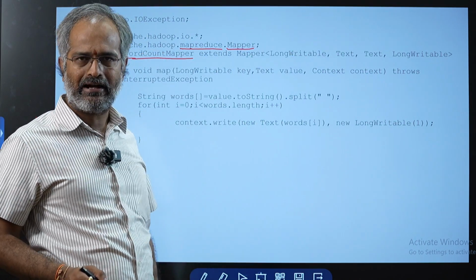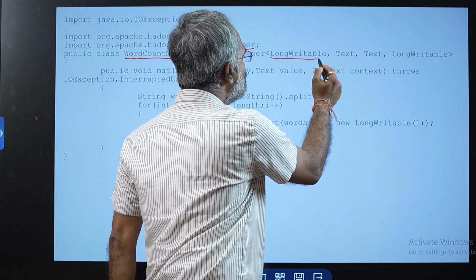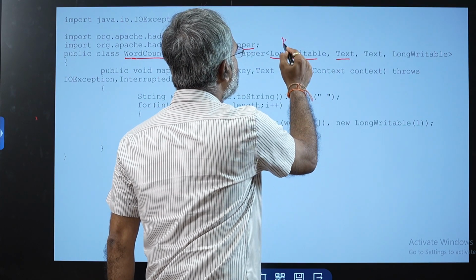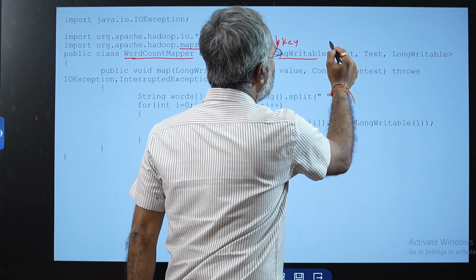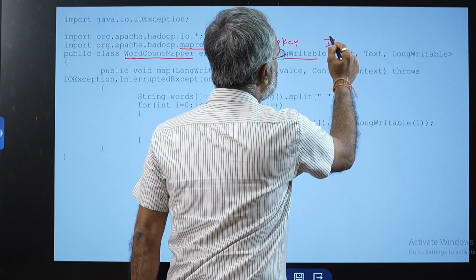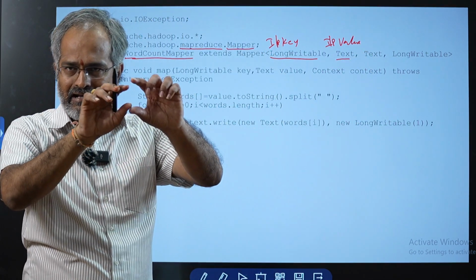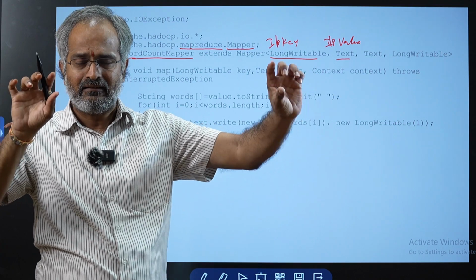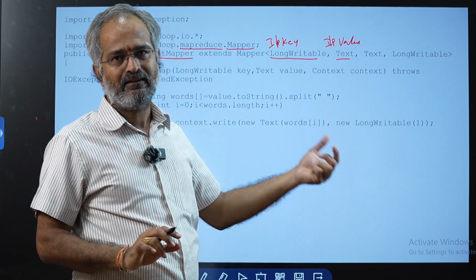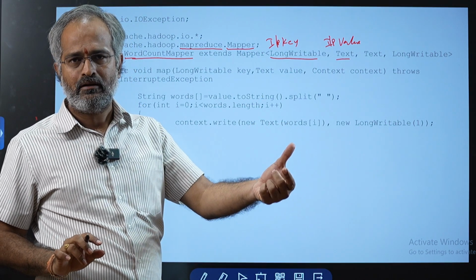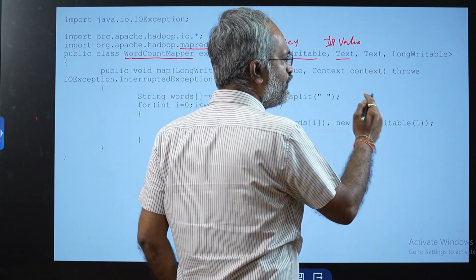I am taking LongWritable, and then next is the value. This is the input key, and this is the input value. The input value is the entire line, so it is Text. Text is also a data type for handling strings in Hadoop. And then what is the output?